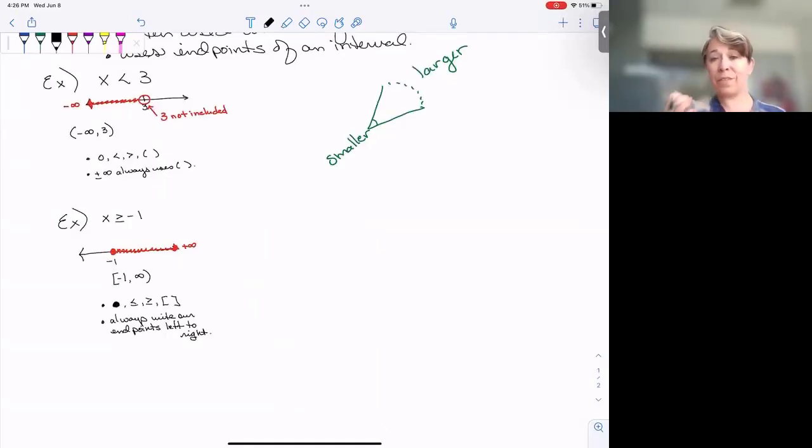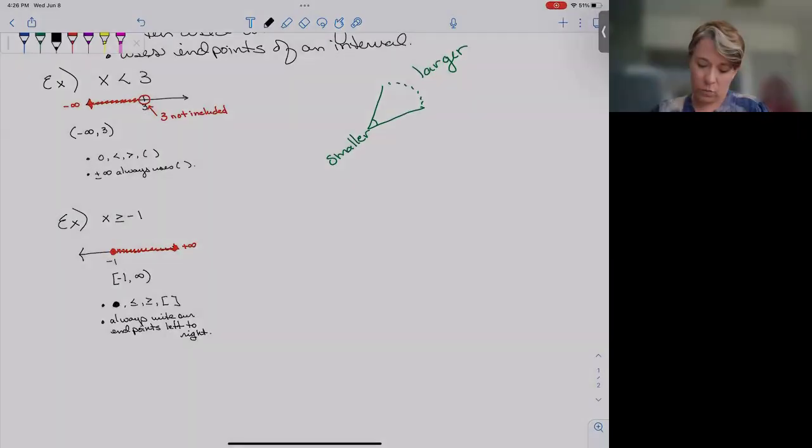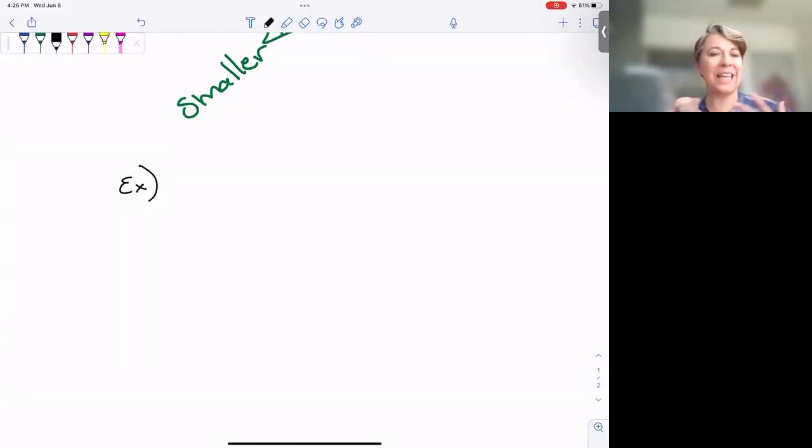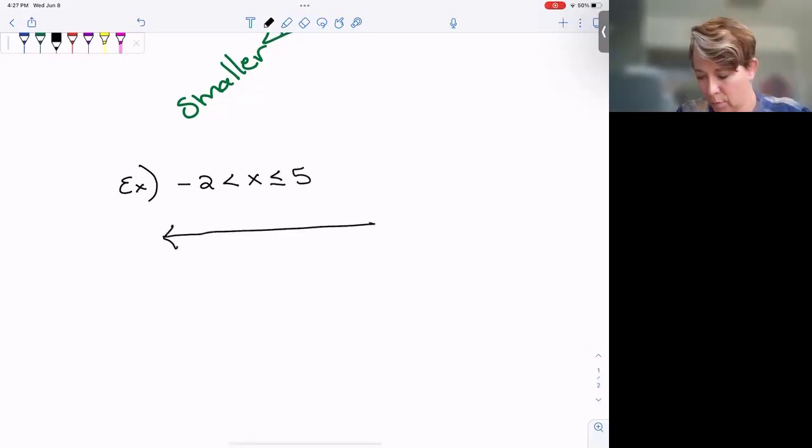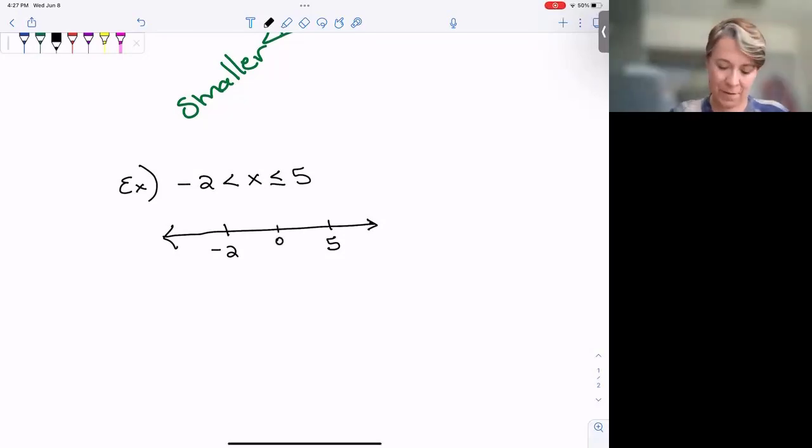Now, we may have a third type of example, and that could be that x is in between two values. Let's say we're going from -2 less than x less than or equal to 5. If we were to draw that on a number line, -2 is on the left, and 5 is to the right of that. You can even put in 0 there if that helps you see who's where.